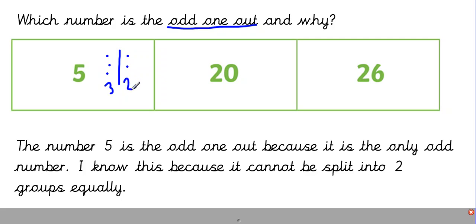Okay, so 5 is the odd one out because it is odd. You could have also had a different answer. You could have said that 26 was the odd one out because it's the only one that's not in the 5 times table. But today we are looking at odd and even numbers, so I wanted you really to choose the number 5 as being the odd one out because it is the only odd number. Well done. Let's move on.